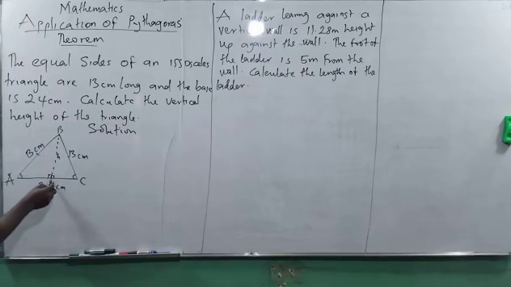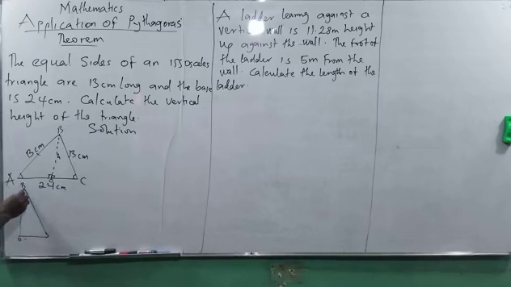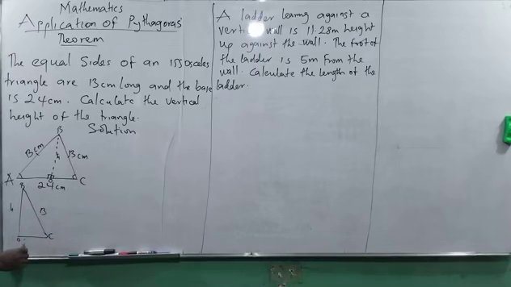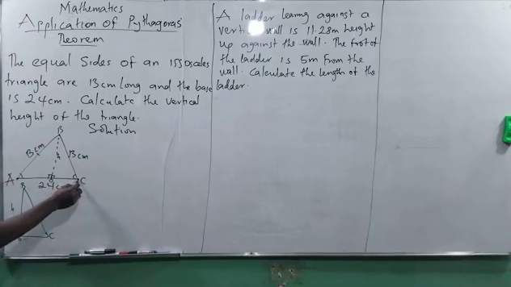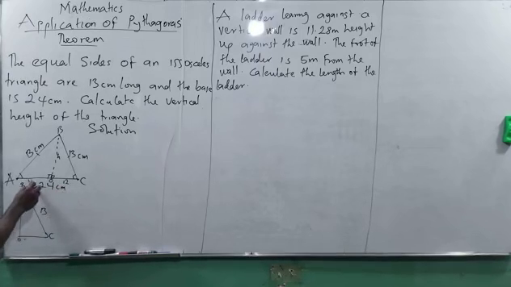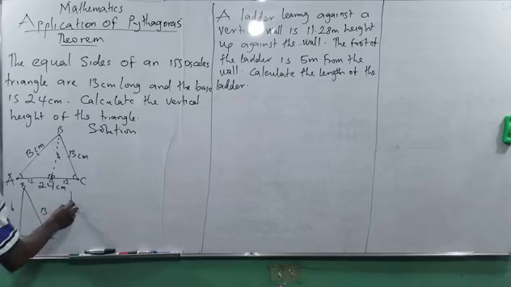I can label this point O. It means now I will be having something like this: O, B, C, with 13 centimeters, h, and from here to here is 24. It means we are now using half: here will be 12 and here will be 12. It means 12 centimeters.